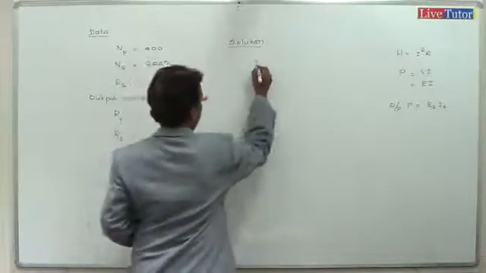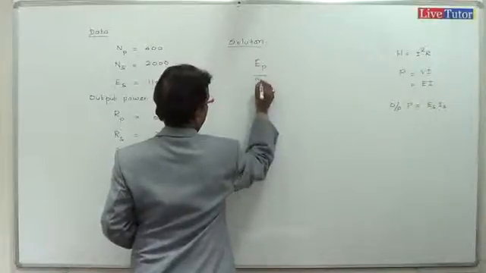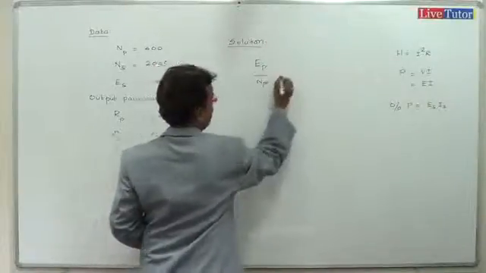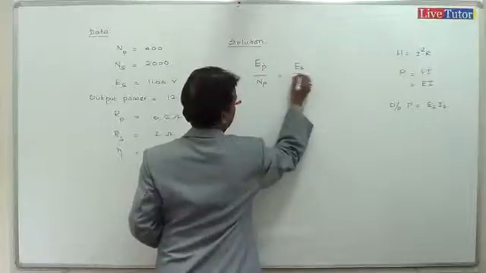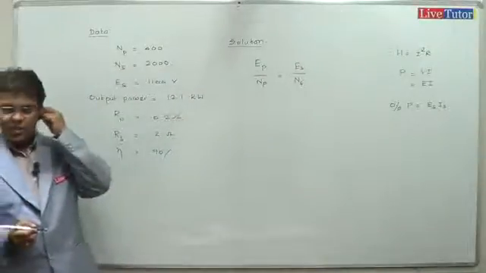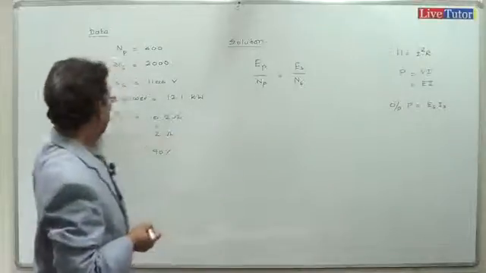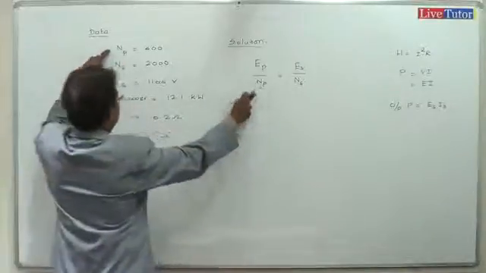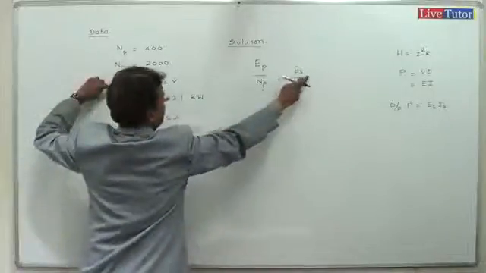See, EP by NP, the EMF per turn, will be equal to the EMF per turn in the secondary coil, that is ES by NS.